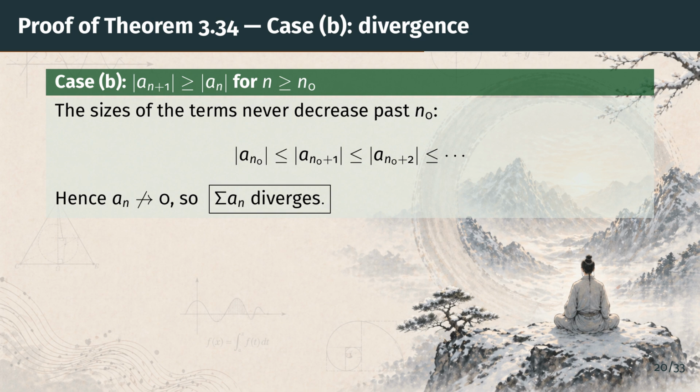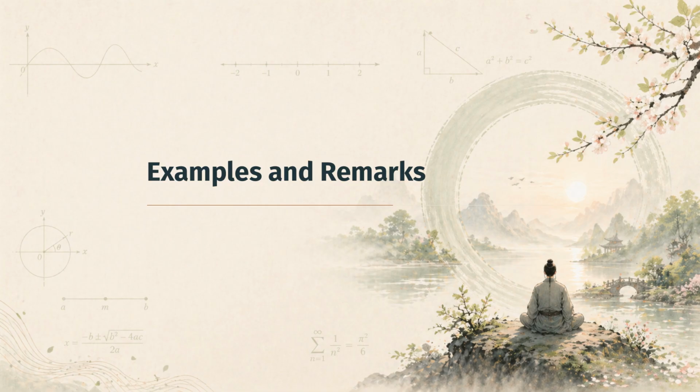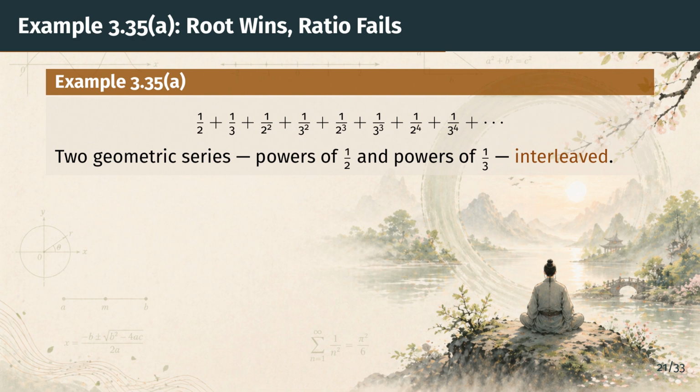Next, some examples that reveal a real difference between the two tests. Here is a revealing example. The series interleaves two geometric series, the powers of 1/2 and the powers of 1/3, taken in the order 1/2, 1/3, 1/2 squared, 1/3 squared, and so on.